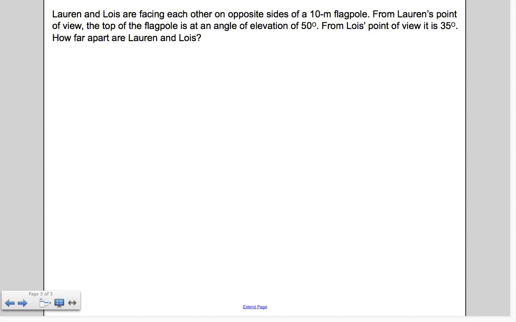From Lauren's point of view, the top of the flagpole is at an angle of elevation of 50 degrees. From Lois's point of view, it is 35 degrees. So how far apart are Lauren and Lois?